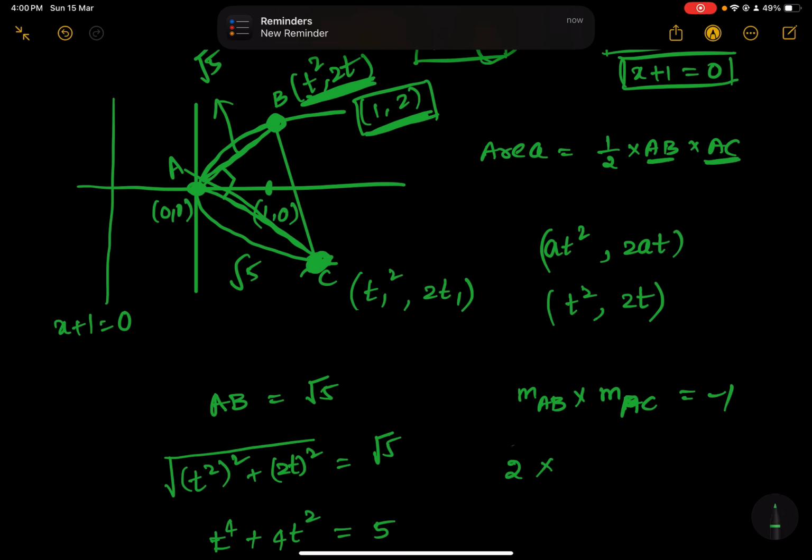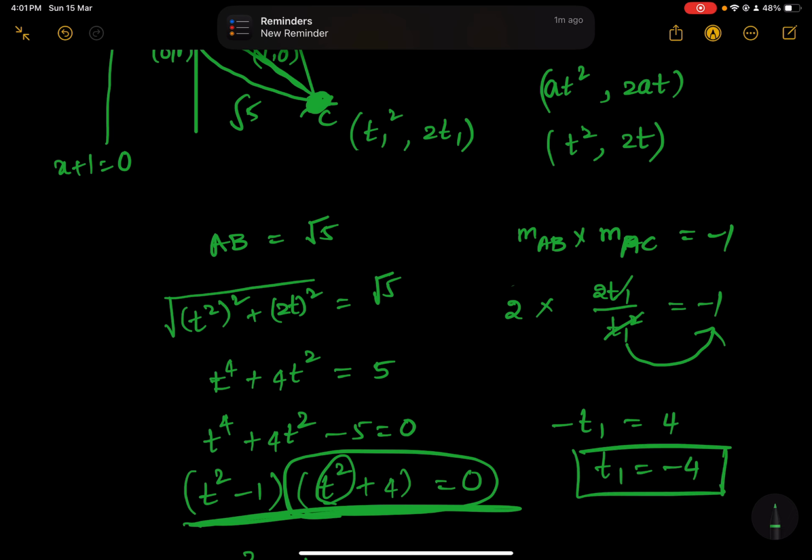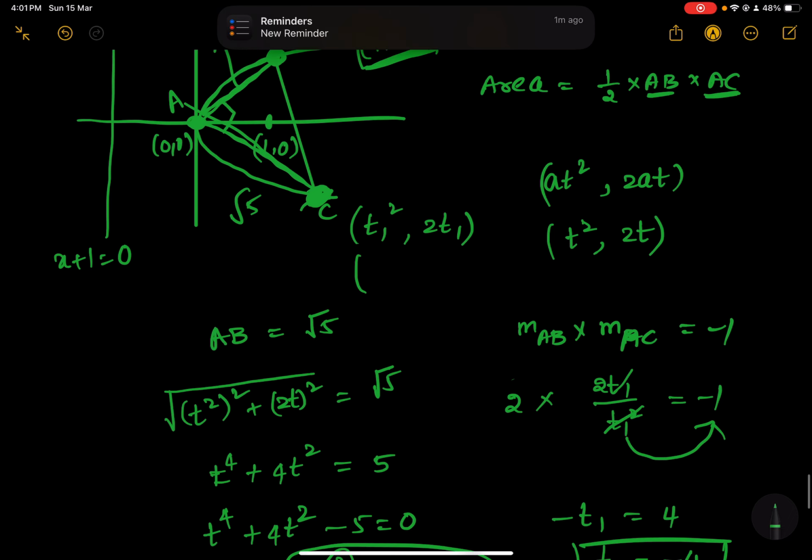And what is slope of AC? That is 2t1 upon t1 square. So 2 into 2t1 upon t1 square is minus 1. So this t1 and this t1 get cancelled, and you'll have minus t1 is equal to 4. Therefore t1 is equals to minus 4. So this point will be 16 comma minus 8.